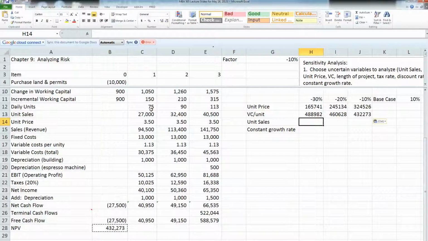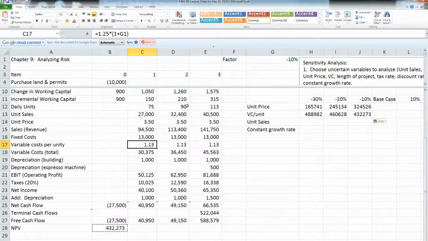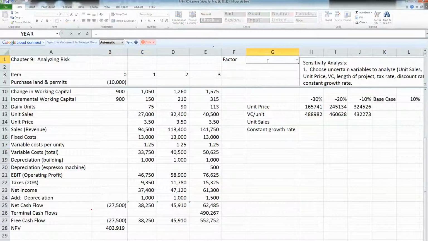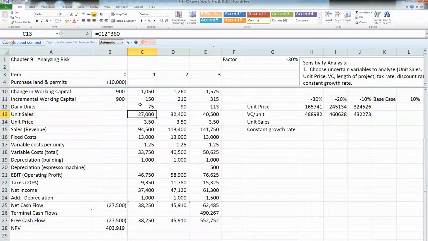Then do the same thing to unit sales, but change your variable cost per unit back to the original $1.25. Change your factor back to minus 30%. And now I'm going to unit sales. Since unit sales in C13 is annual unit sales, and it's got an equation in it, I'm going to change cell C12, the daily unit sales.